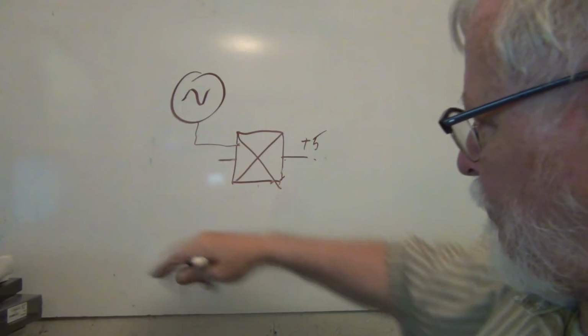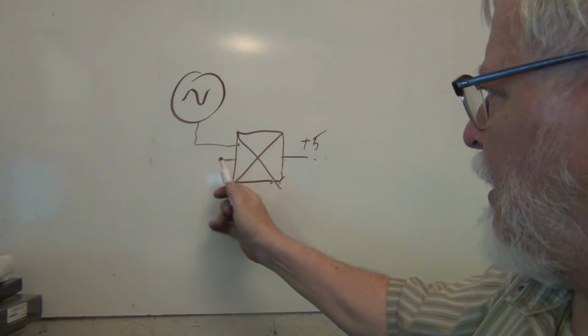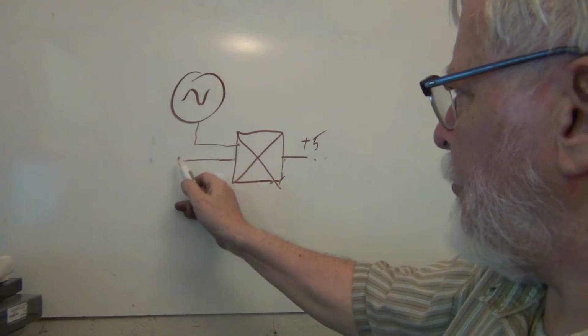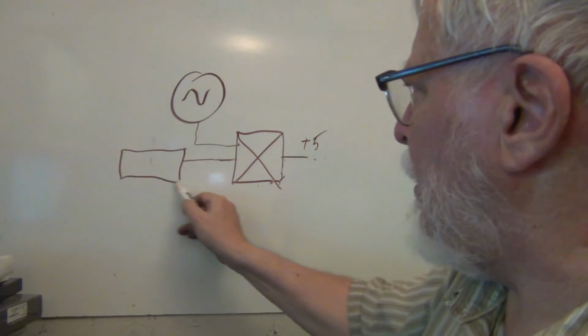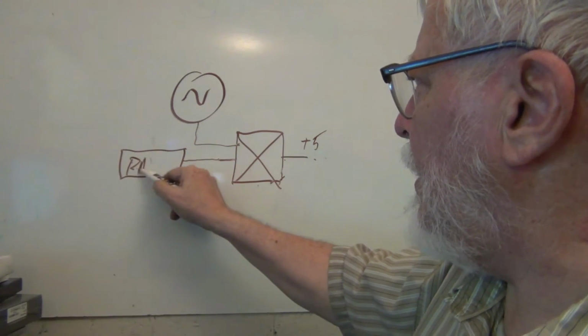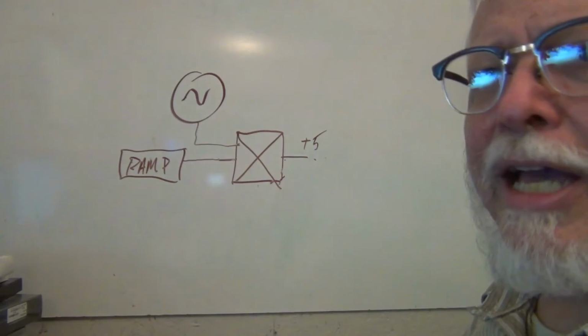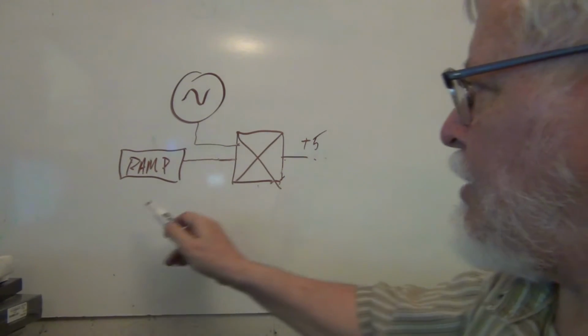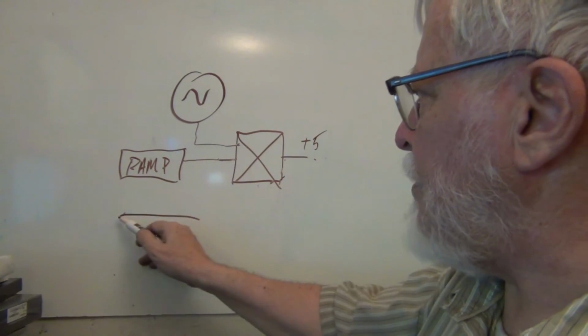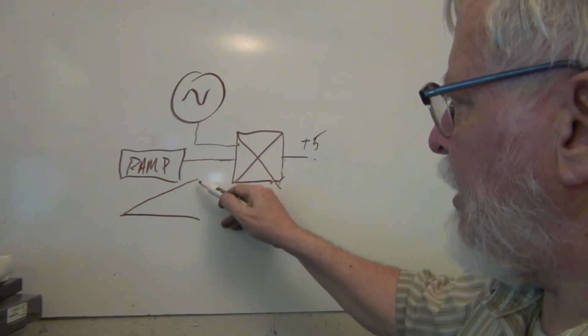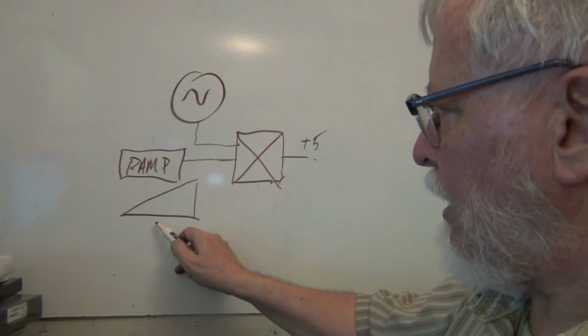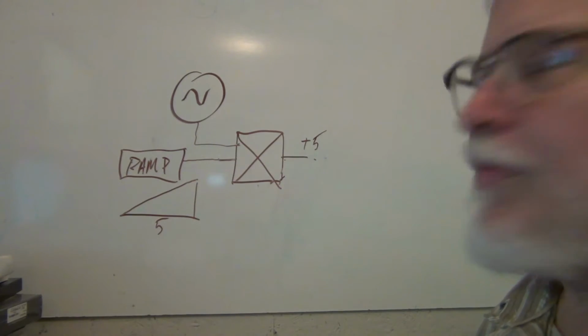And then instead of plus 5, let's take that to a ramp. In this case, an animation ramp that's going to go from 0 to plus 10 volts in 5 seconds.